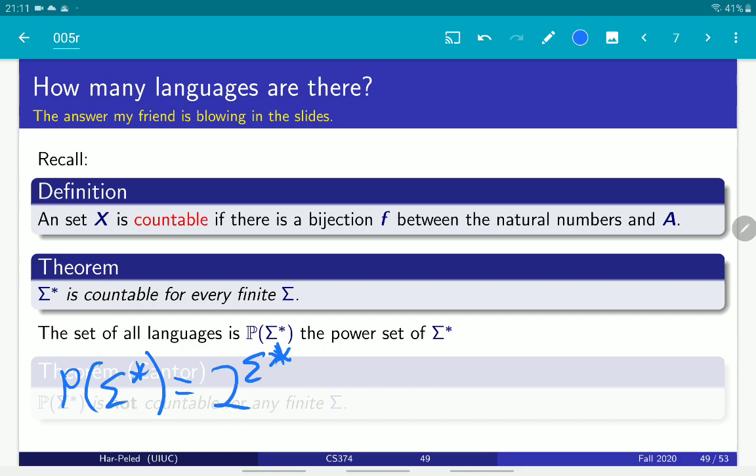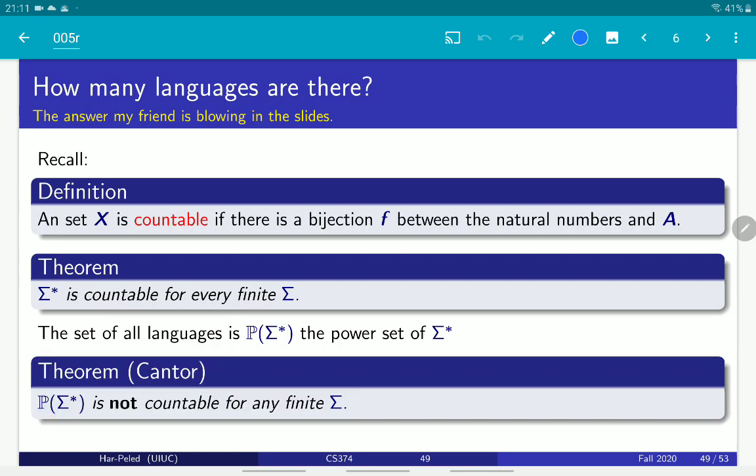You decide for every element in sigma star whether or not it's in the language. So officially, L is a subset of sigma star. As I mentioned, the power set of sigma star is not countable.